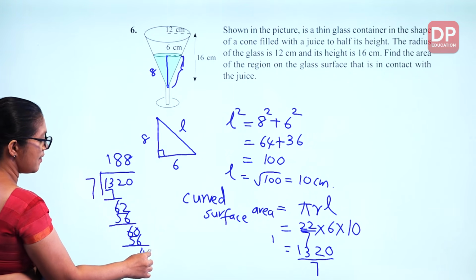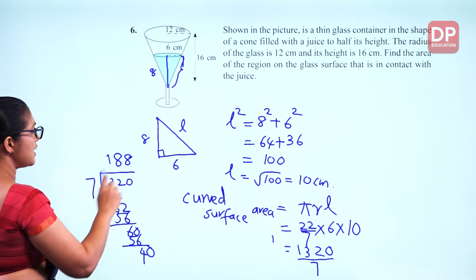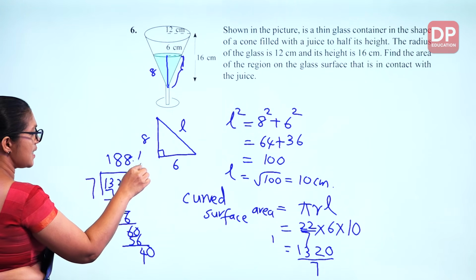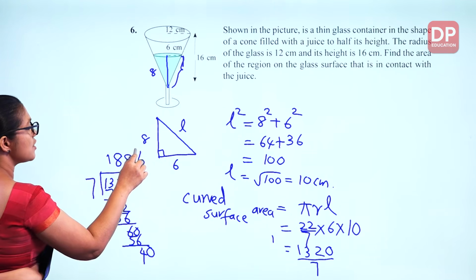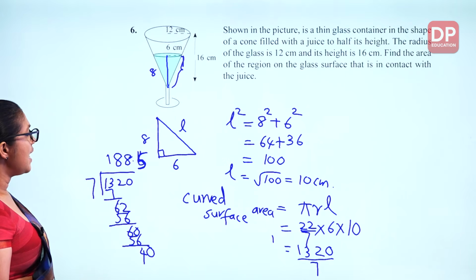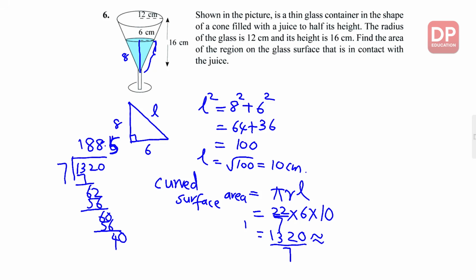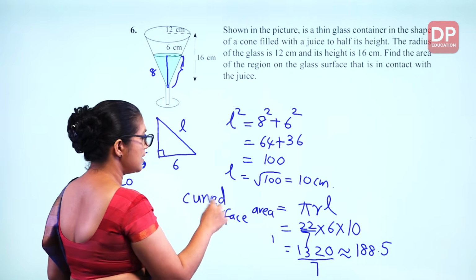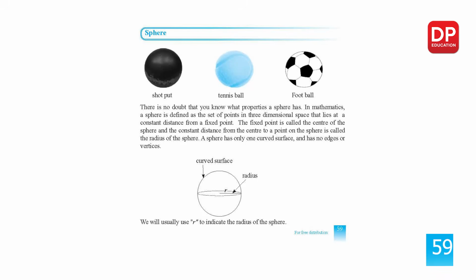And you can find another decimal place. For 40, 7 times 6 is 42, so this should be 5. So roughly 188.5 for the area. So this is square centimeters.